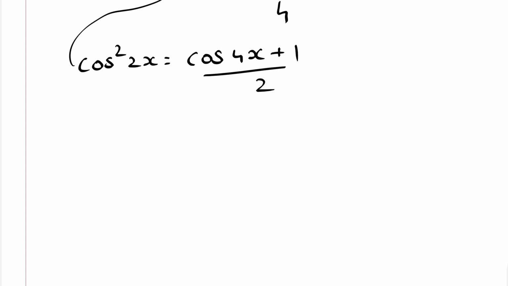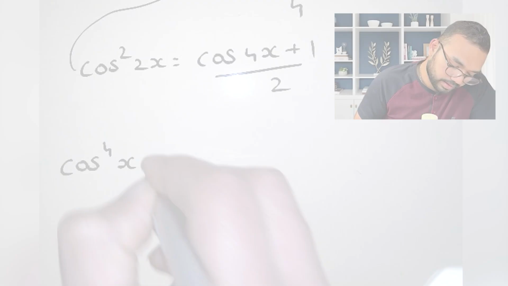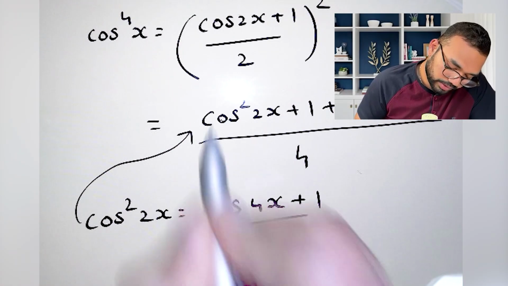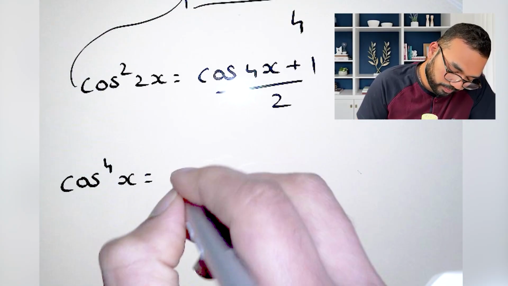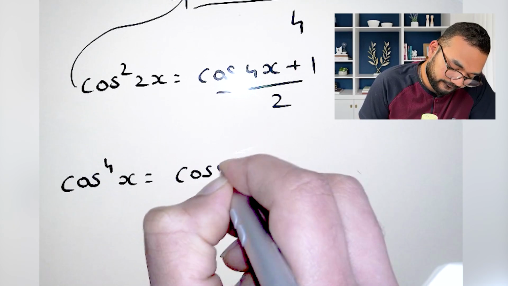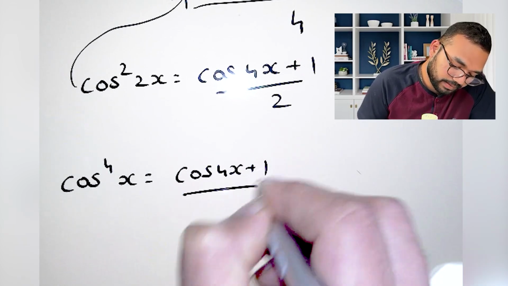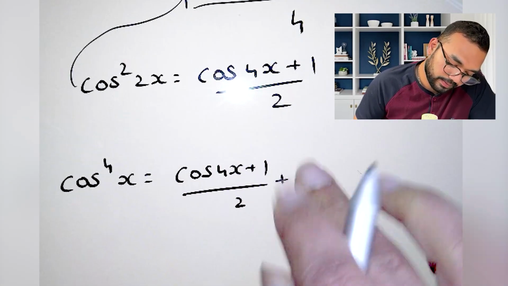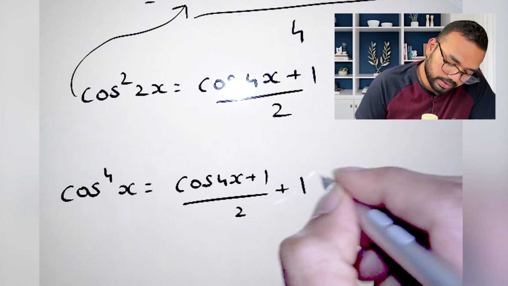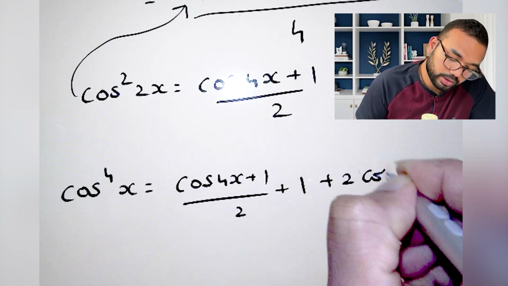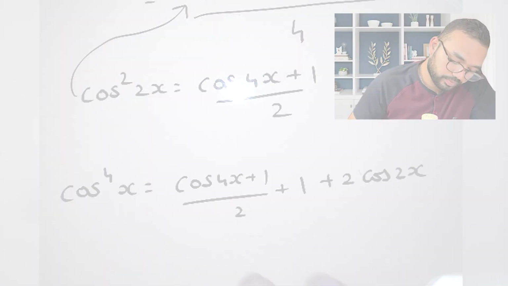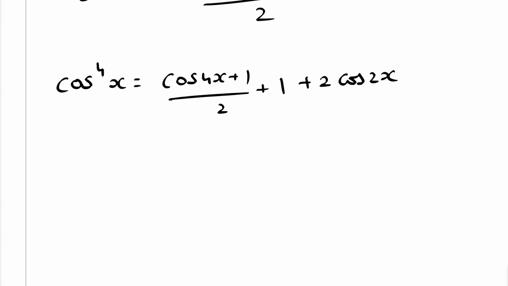So cos power 4x is, so cos 4x plus 1 by 2, plus 1, plus 2 cos 2x, and whole divided by 4.